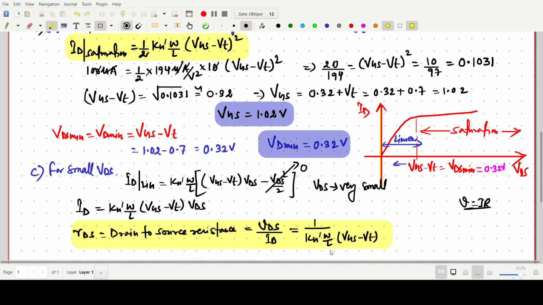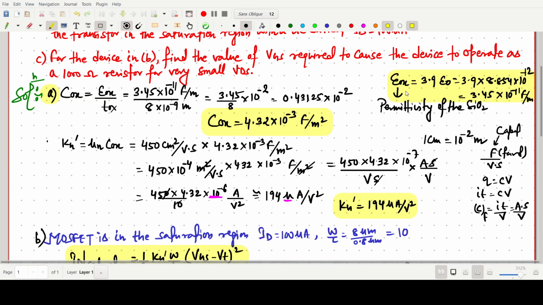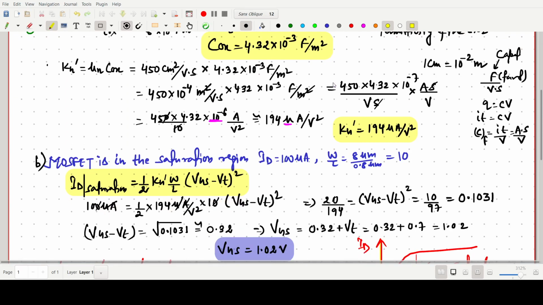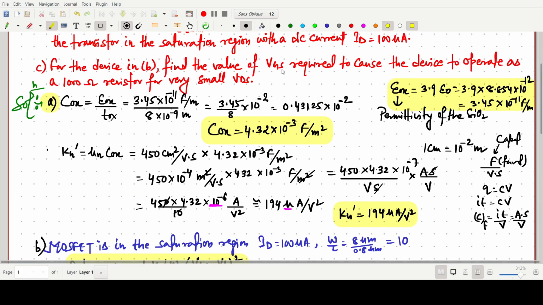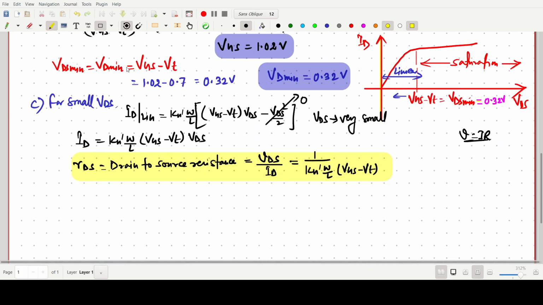Now in the question it is given that the device should operate as a 1 kilo ohm resistor. So we have to find the value of VGS for this, and RDS is given in the question as 1000 ohm, or 1 kilo ohm.